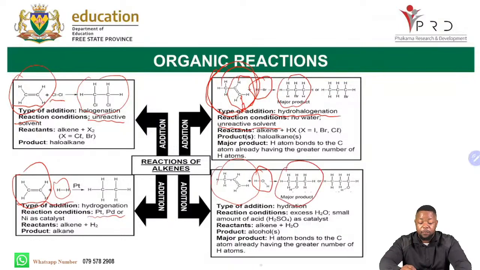So for us to get the major product, the hydroxyl will be attached to the carbon in the middle. Now, a catalyst will be needed here, and our catalyst will be sulfuric acid. Whenever we add water, the catalyst, which is sulfuric acid, is always needed. And this type of addition reaction where water is added is called hydration. And for us to have hydration, excess water is needed as a reaction condition.